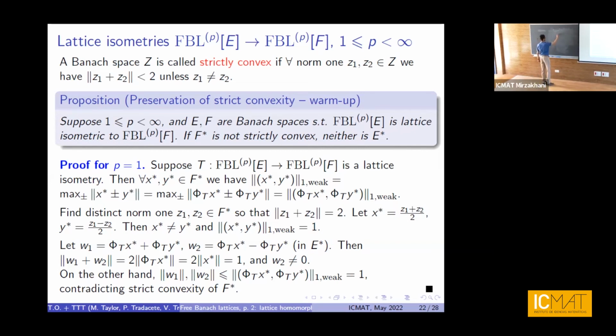So then our vector X star is here, and our vector Y star is here. And then we have this image of X star under phi t. We have the image of Y star under phi t.